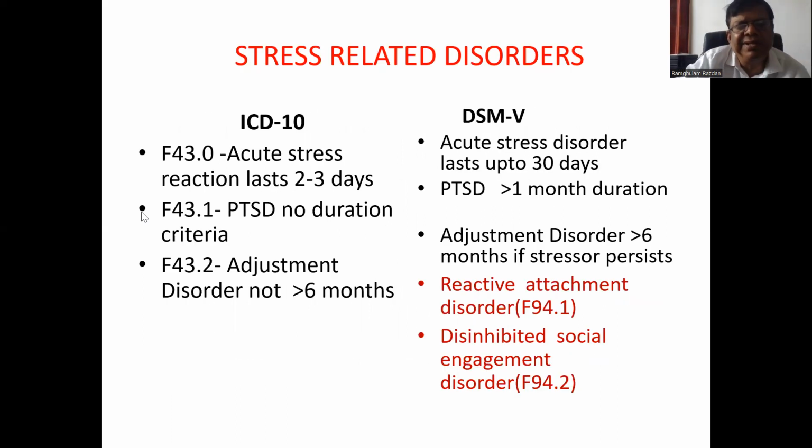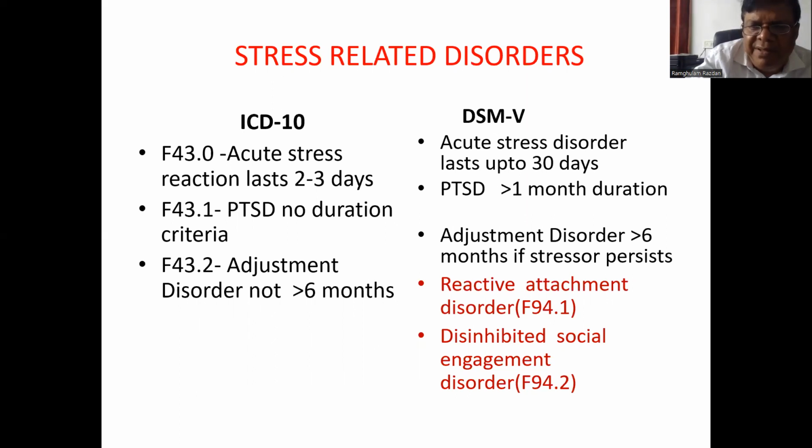What are stress related disorders? There are two types of classification system: ICD-10 and DSM-5. DSM-5 describes the first disorder, acute stress reaction, which lasts up to 30 days, and PTSD if it occurs for one month or more.